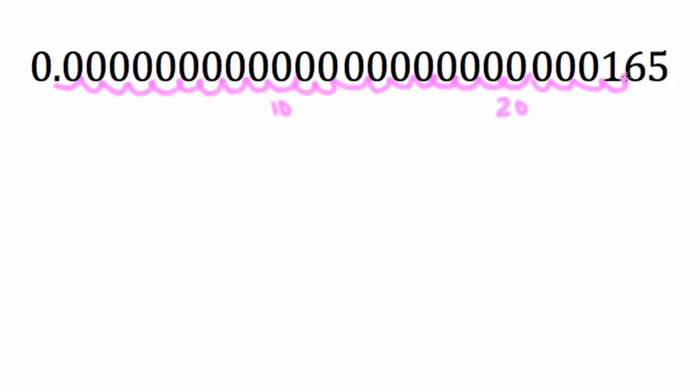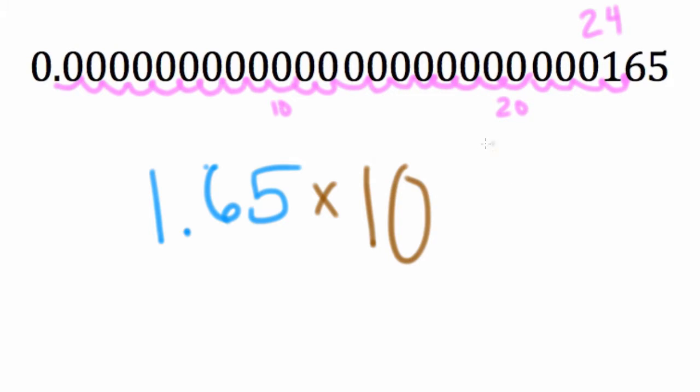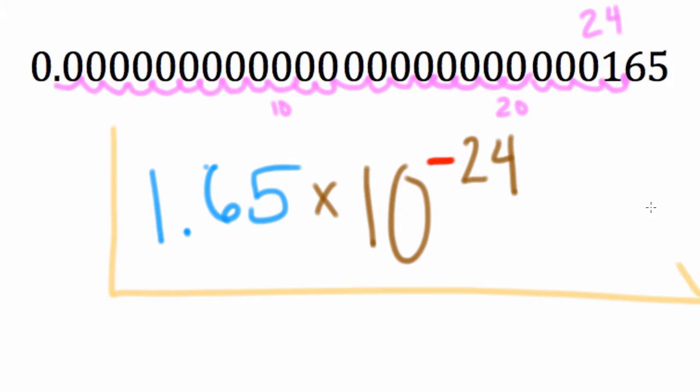And that is where I'm going to stop, because this gives me my A of 1.65. So now 1.65 contains all of the non-zero information in here. And then the only thing is I need to multiply that by 10 raised to the power of 24. But because this number is really small, that has to be 10 to the power of negative 24. And this is my answer.